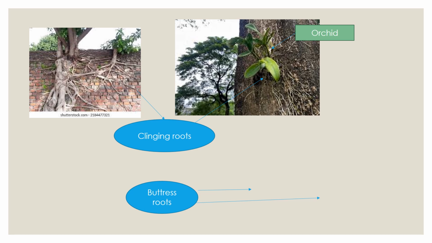So you can ask me, I gave you orchid as having climbing roots. We will meet another example with orchid with other modified roots. Okay, so the orchid has more than one modified adventitious root, as you will see.